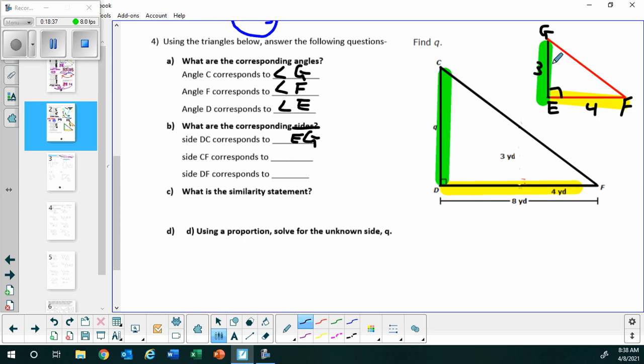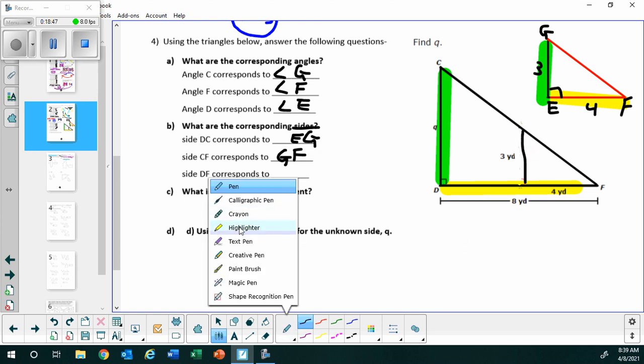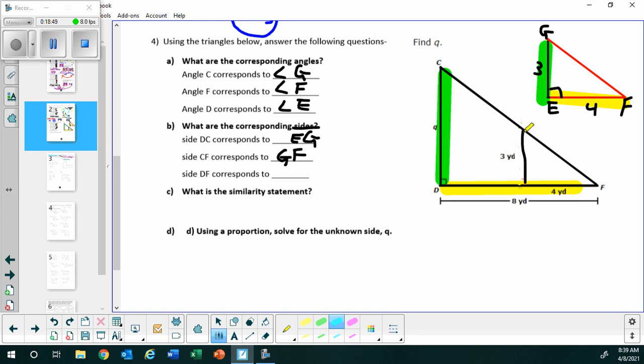C down to F is G down to F. And that's the part that I think for a lot of you, when the line is there and the shapes are inside here, this longer one got shrunk down to just be this right here. So C to F got shrunk down and is now this little guy, which was G to F. And that's what we're saying right here. And the bottom, all the way D to F, got shrunk down to be this little guy, so E to F.